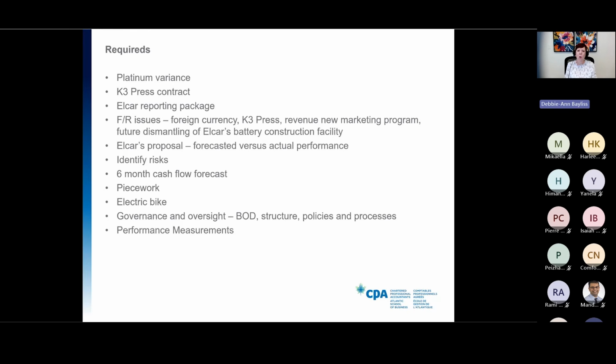But it's important to know what they are so that when you look at the common information, you're only going to extract what's relevant for the requirements that you need to do. So as you can tell, there are quite a few. Normally in a day 2 case, there's normally anywhere from 12 to 14 assessment opportunities.